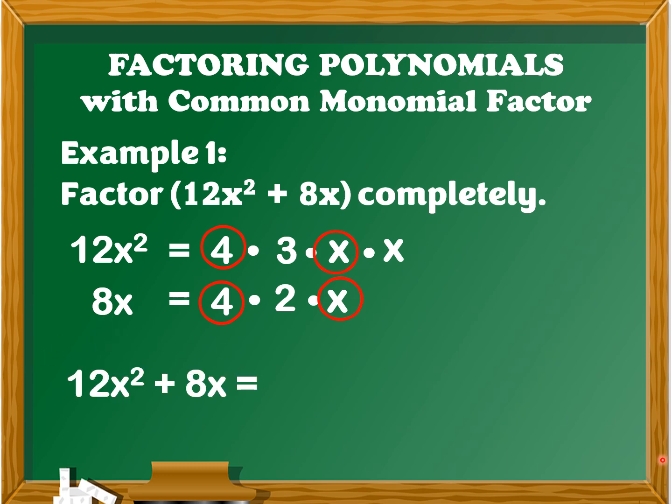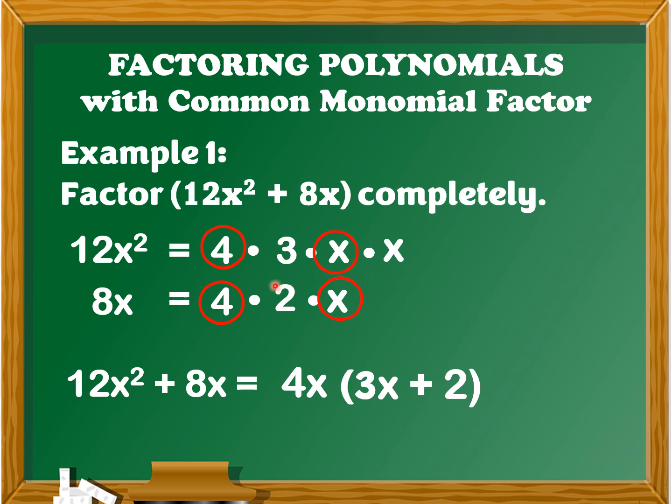So now we can determine the factors of 12x squared plus 8x. First, we're going to write the common factor, which is 4x. So 4 times x is equal to 4x. And then the other factor is 3x plus 2. In 12x squared, the remaining factor, aside from 4 and x, is 3 and x.